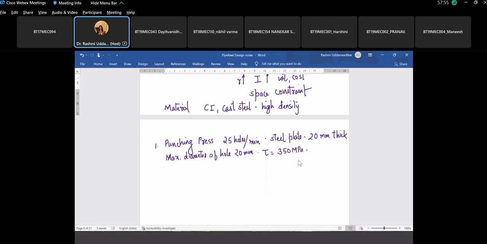If the actual punching operation takes place in 1/8 of total cycle time.